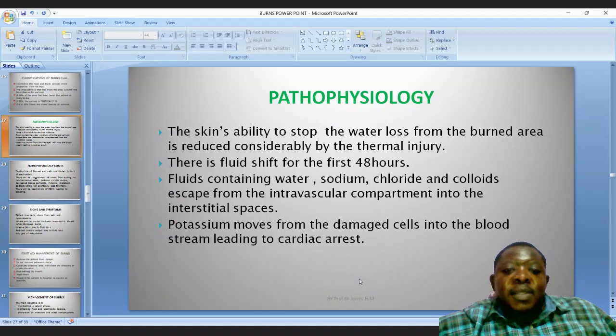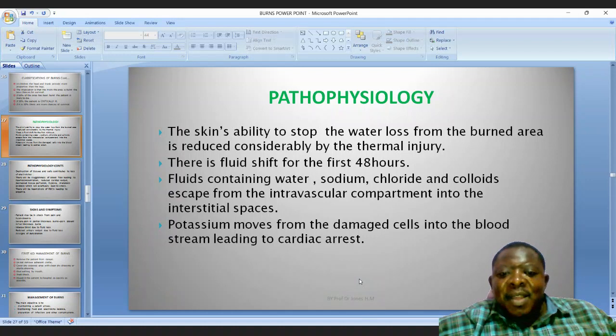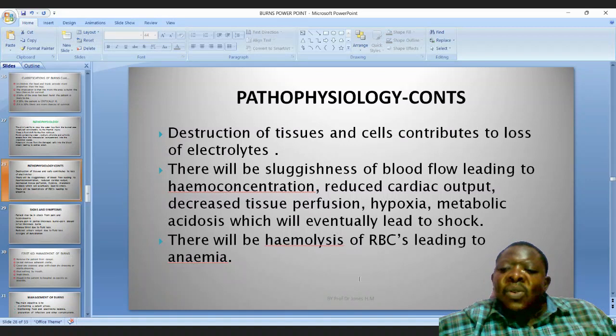Potassium then moves in from the damaged cells into the bloodstream, and with increased potassium in the bloodstream, it may lead to cardiac arrest. The destruction of the tissues and the cells also contributes to the loss of electrolytes. There will be sluggishness of blood flow.